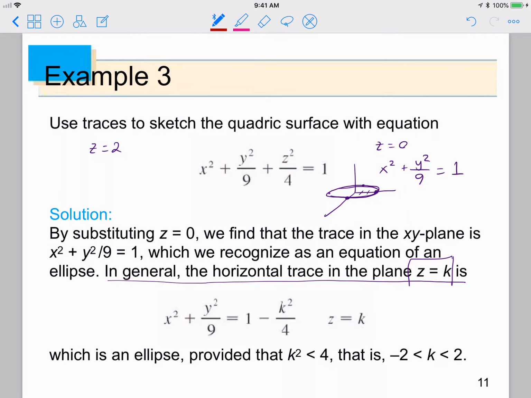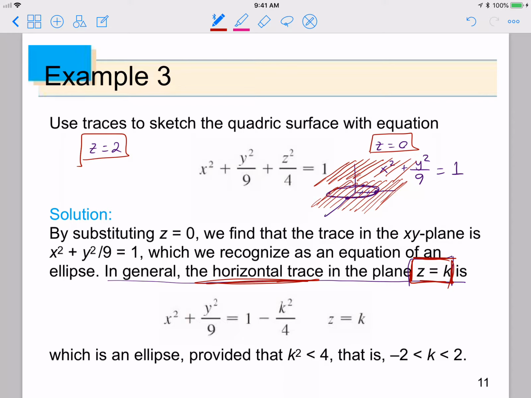We're doing the cross section. Setting z equal to 0 means you're looking at the cross section in the xy plane. If you're looking at the trace of z equals 2, you're looking at the cross section for z equals 2. Instead of going one by one, you can take one or two cross sections, and then generalize. So what is the cross section if you plug in z equals k?